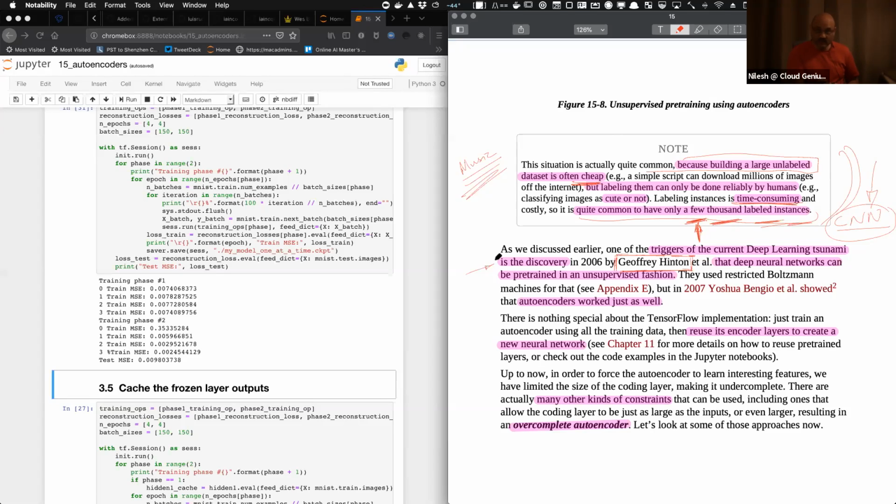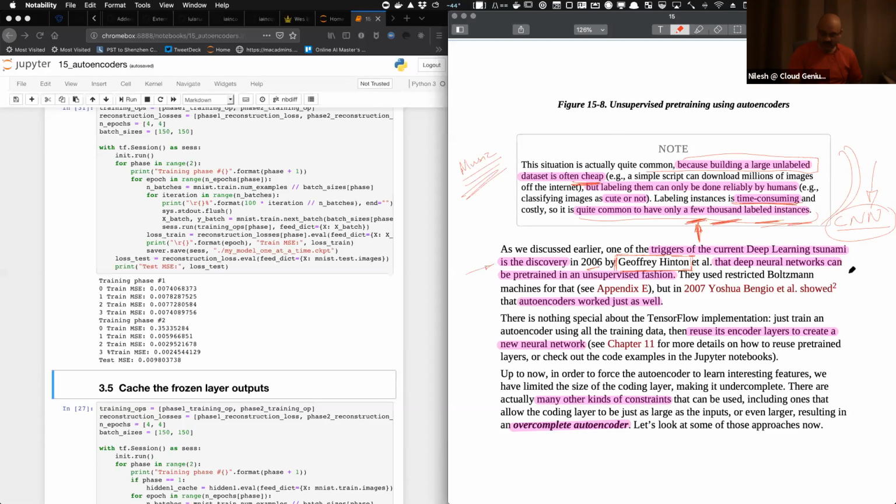The essence of the discovery was that you can actually pre-train your network unsupervised. That's the discovery that Geoffrey Hinton made in 2006. And ever since then, deep learning is blowing out of proportion. And they did not use these autoencoder techniques.